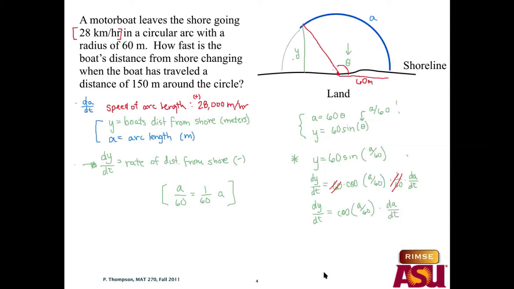So this is where we'd substitute in the values that we know. This is our speed, 28,000, right? Yeah, dA dt is 28,000. A is this arc length, 150. So I'm doing cosine of 150 over 60, or cosine of 2.5.